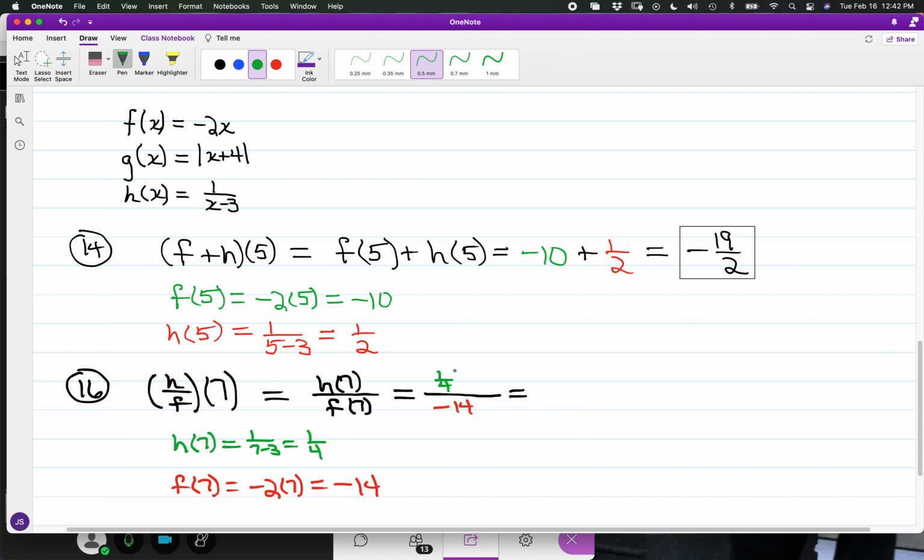The top number is a fraction, and we're dividing by negative 14. If you divide by a number, it's the same as multiplying by that number's reciprocal. So in this case, we're looking at 1/4 times negative 1/14.